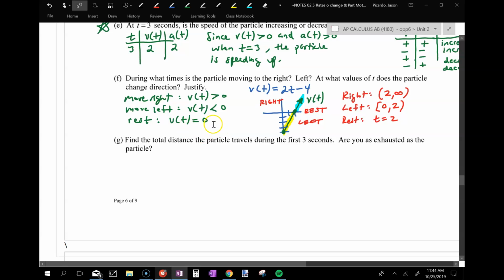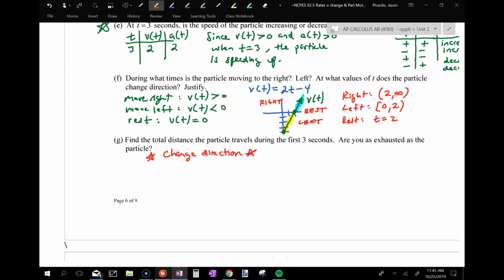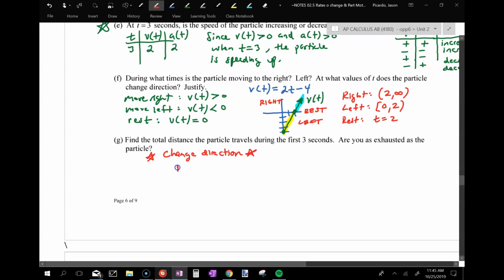What does that represent? Yeah, the point where I changed direction, right? So to change direction, guys, you're going to want to star this, highlight this. To change direction, 2 things have to be true. Not just one. The first thing, the velocity has to be 0.